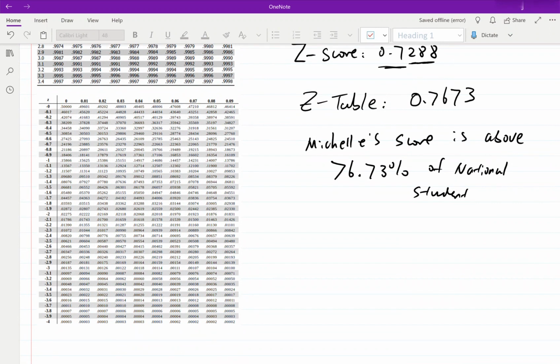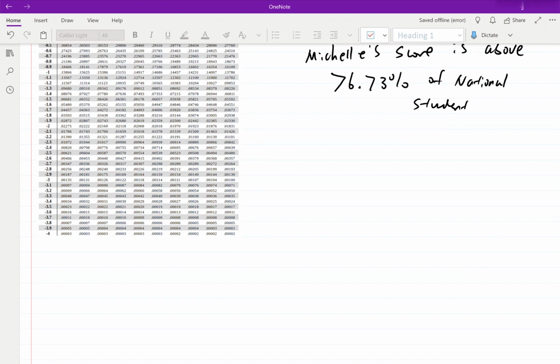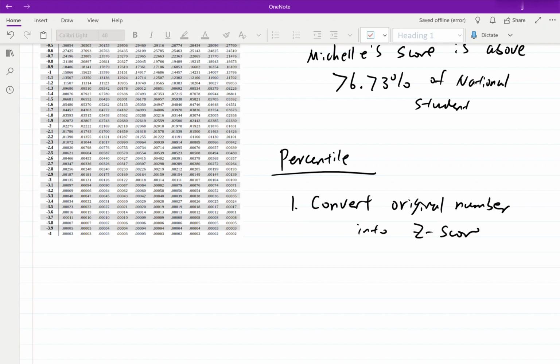Now let's talk about how you will get the percentile using the information we have. So the first step is what we did in the previous video. We want to convert the original number into a Z score. So that's the first step.